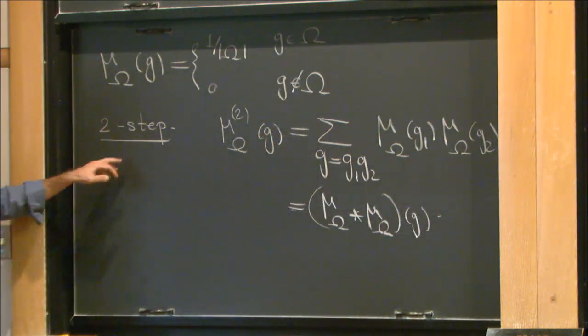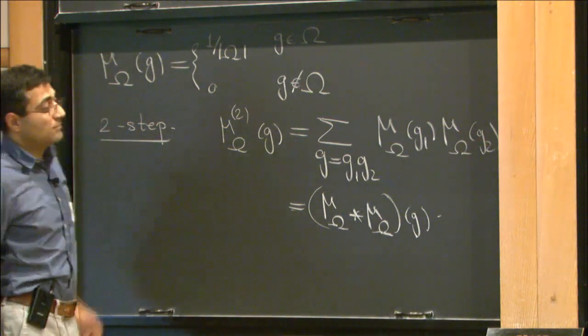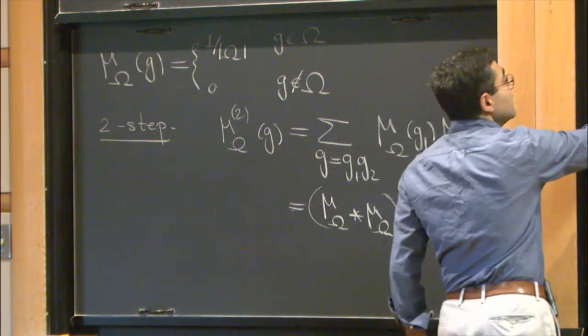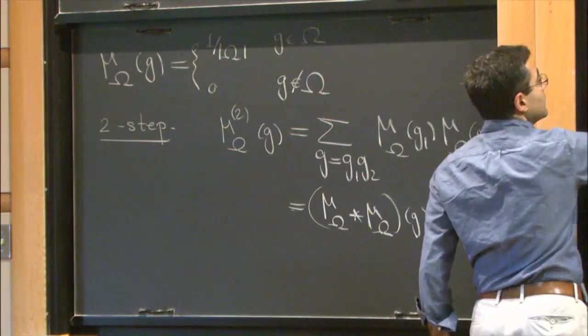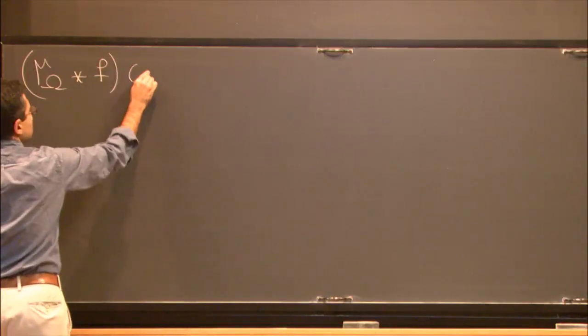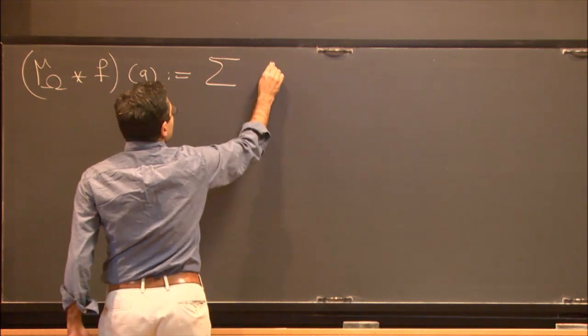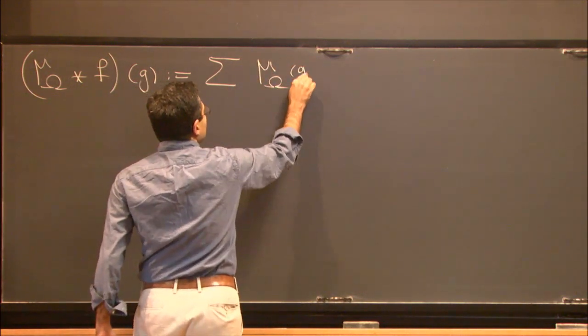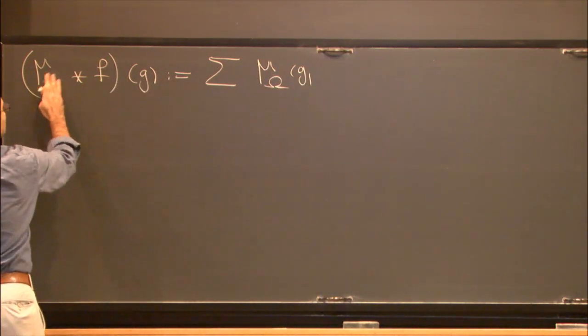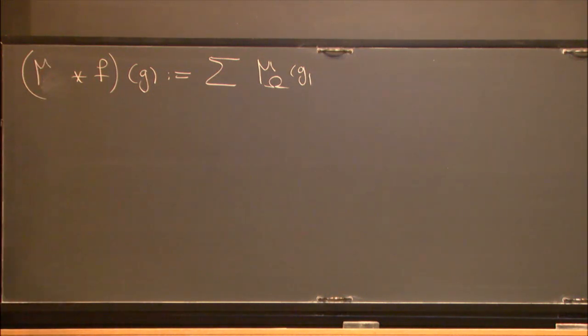In general, you can talk about the convolution of this with any other function. That would give you another function on G, and this is by definition. And you can do it not only for this, but for any measure mu.